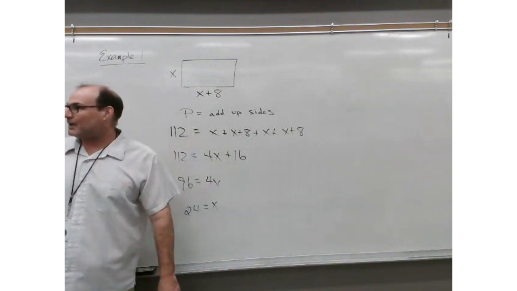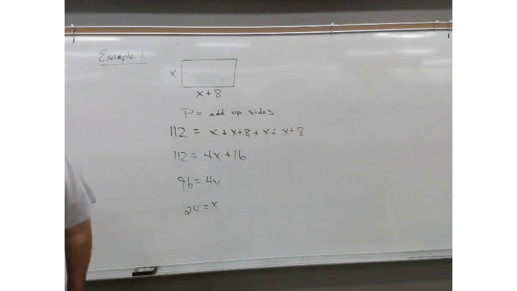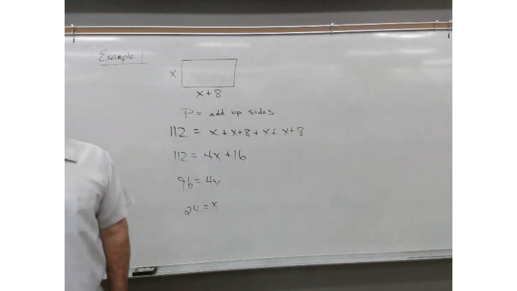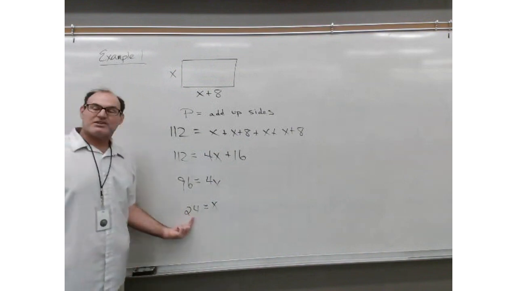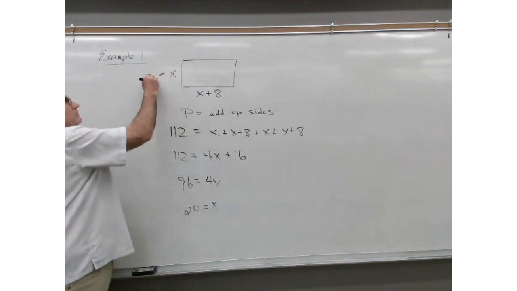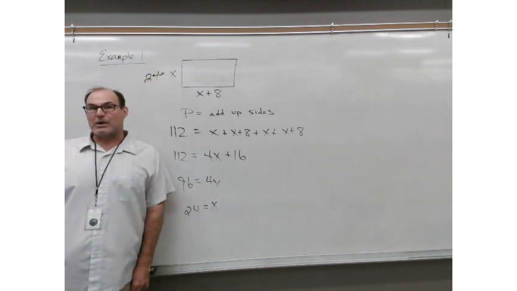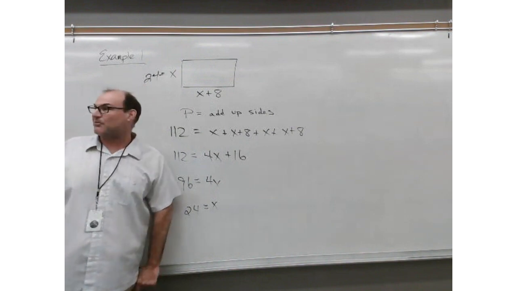Now that's good and lovely, but since we have been asked a word problem, we want to give our results in words. So we're just going to answer the question. So I look back and the question says, what's the length? Okay, great. I don't even have to give the width. I just got to give the length. So what does 24 represent? 24 represents the width. So 24 is not the answer that we are going to give, but I need 24 to get the answer.